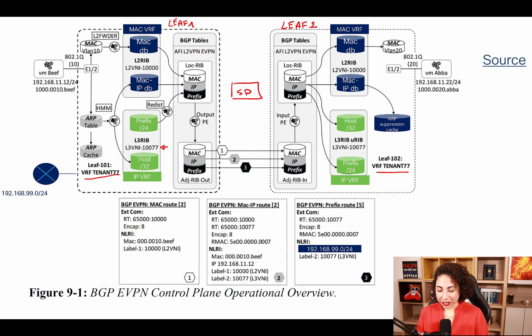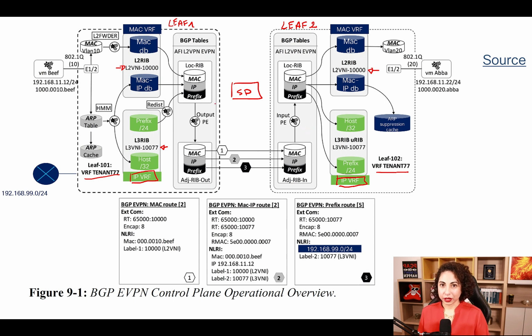As you know, when we instantiate a new VRF, what the leaf does in the background is create a table for that VRF. It will be the IP VRF table, and it will be instantiated on both of my leaves. Now let's say that we are also configuring an L2 VNI inside this specific VRF, the L2 VNI 10000. We are going to stretch it across both leaves represented here.